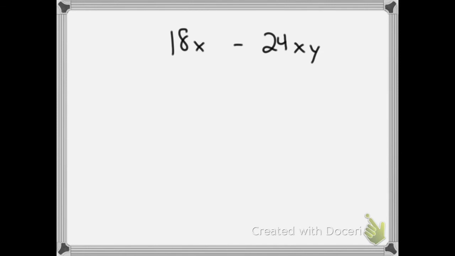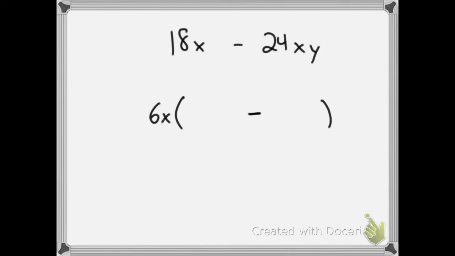All right, let's look at one that's slightly different from our first two. So we're going to set this up. Now if you take note, I'm bringing everything down and almost filling in the blank. Like the subtraction sign comes down. Let's take a look at the numbers first and worry about the variables last. Okay, so our largest possible number is going to be 6. All right, now in this case we have an x for both, so we can pull that x out.